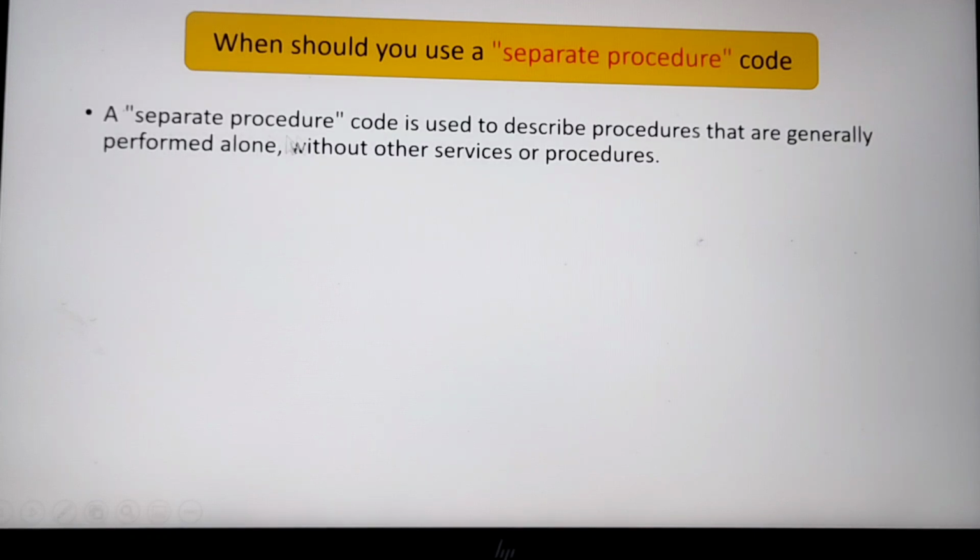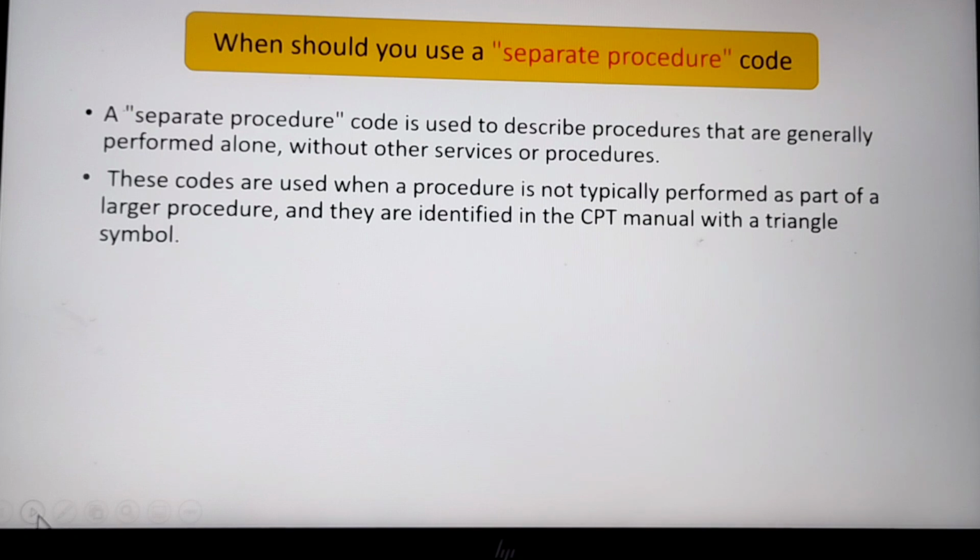Next, when do you use a separate procedure code? Answer is, a separate procedure code is used to describe procedures that are generally performed alone without other services or procedures. So these codes are used when the procedure is not typically performed as a part of a larger procedure, and they are identified in the CPT manual with a triangle symbol.